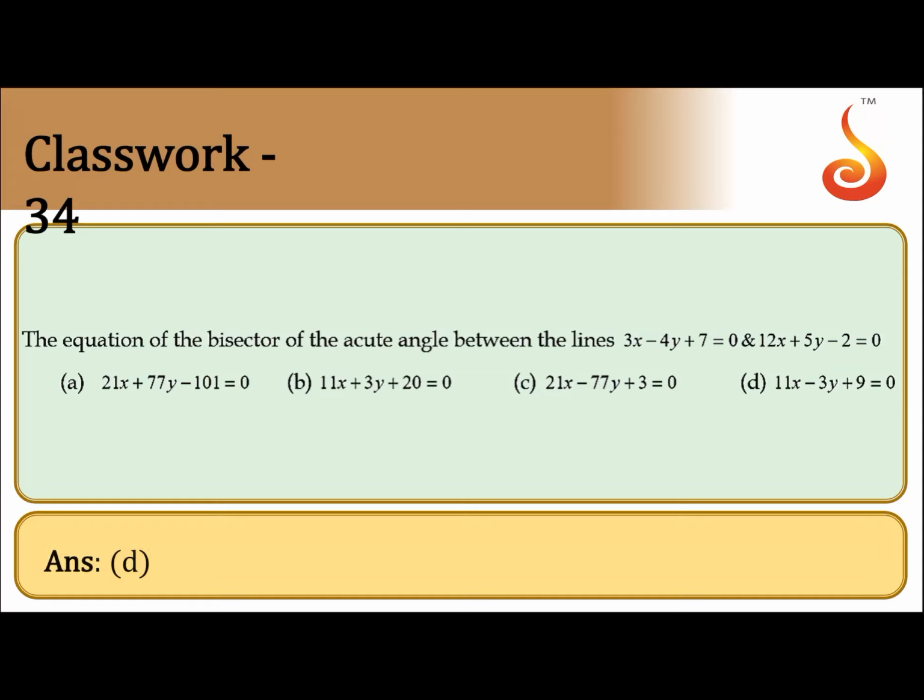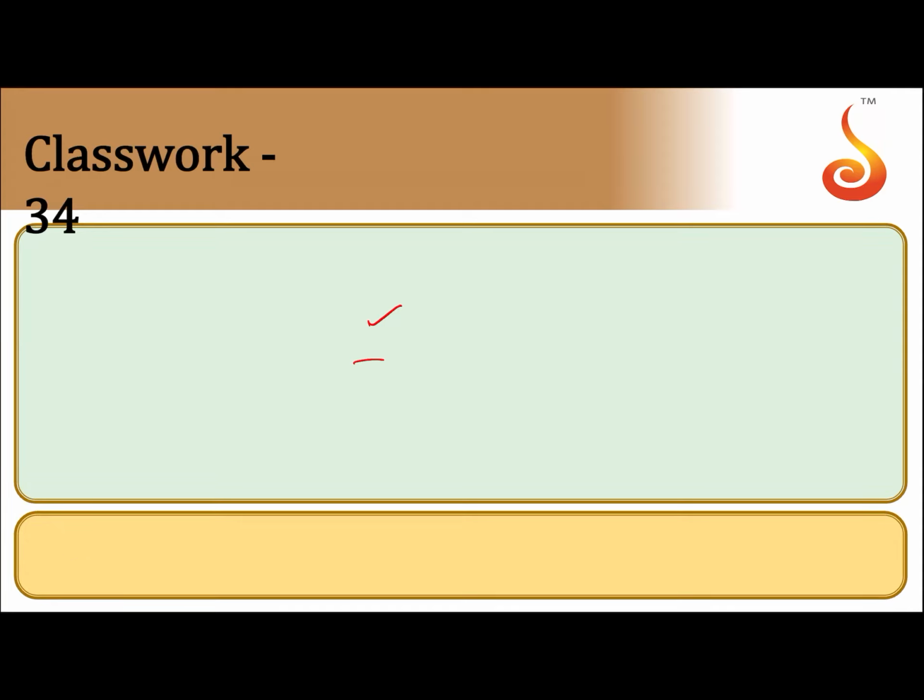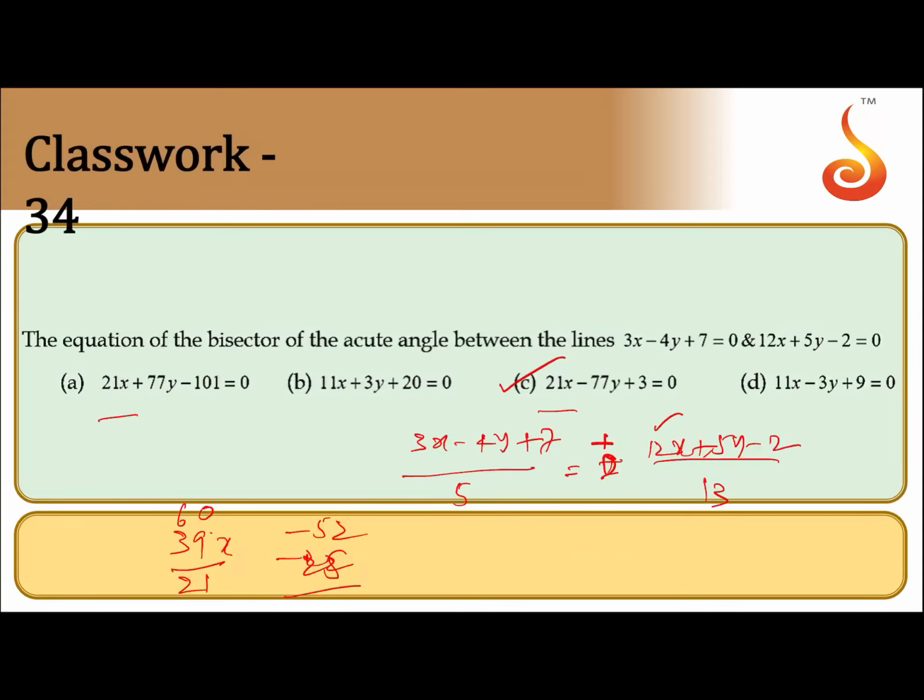So C option. Sorry, the acute angle. Sorry, I forgot to calculate that one. So acute angle means definitely we need to work out the problem. One line we will get as this one. For the other line we need to take up the minus sign.